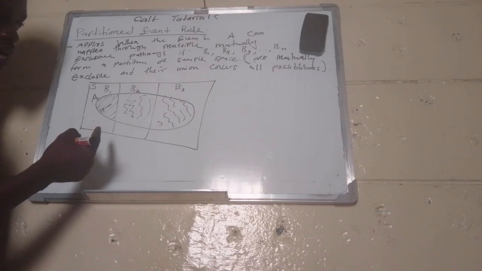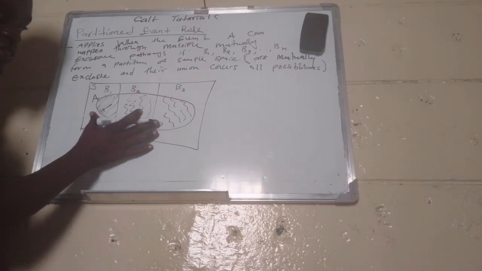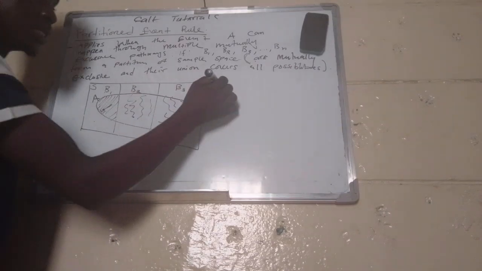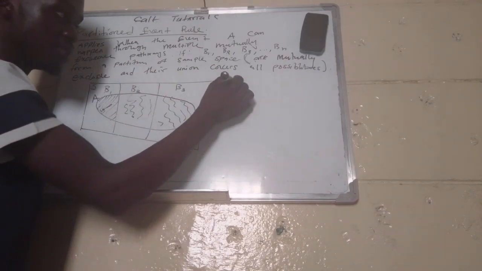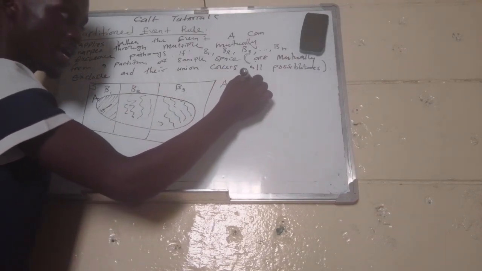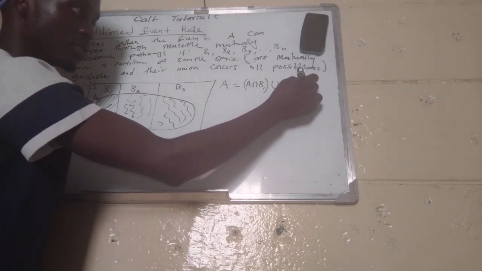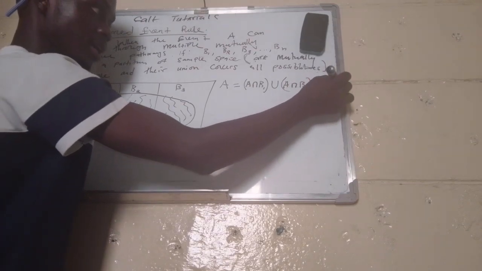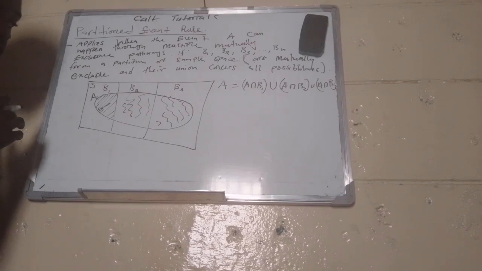The whole set A is formed from A intersection B1 union A intersection B2 union A intersection B3.